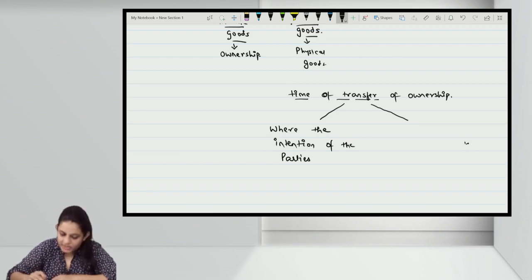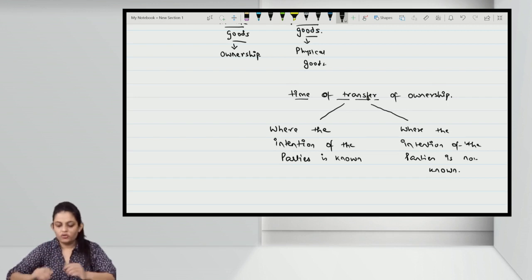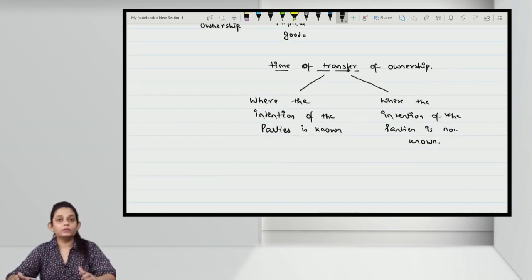The first is where the intention of the parties is known. The second case is where the intention of the parties is not known. What is this intention known, intention not known?